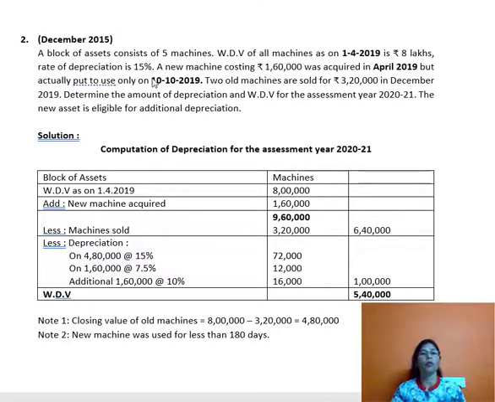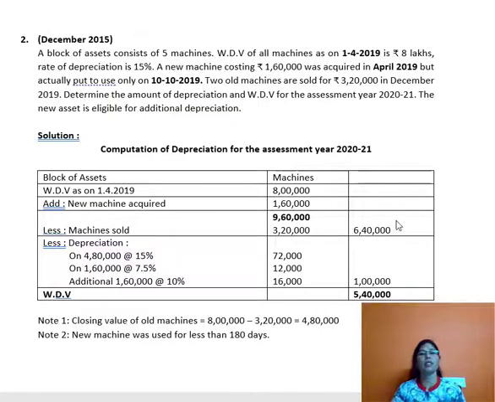Therefore, this machine is used for less than 180 days. We should remember this point. Two old machines are sold for rupees 3,20,000 in December 2019. So deduct less machines sold 3,20,000. If you deduct, you will get 6,40,000.